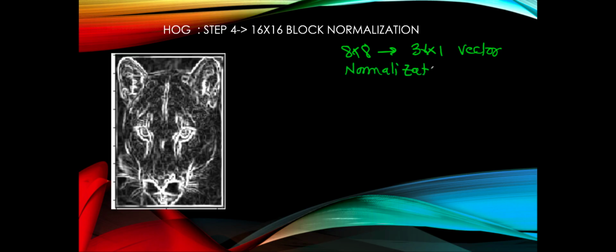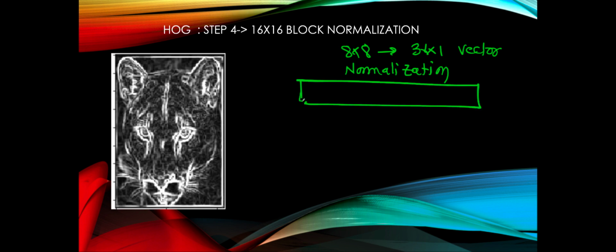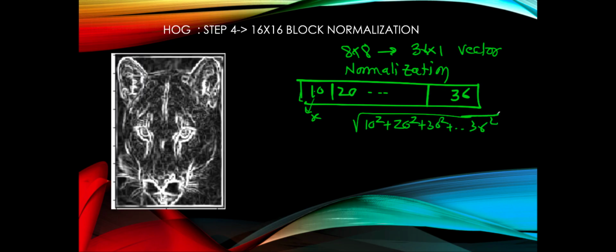So normalization is, let's say this is the vector which has the values 10, 20 up to 36. Normalization is dividing each member, so let's say if this is x, we divide each of the values by a factor which is the root mean square of all the values. Right? That's the process of normalization.